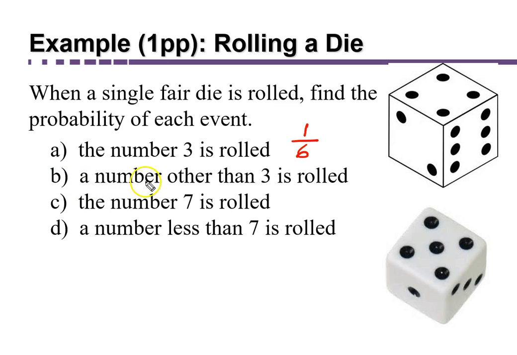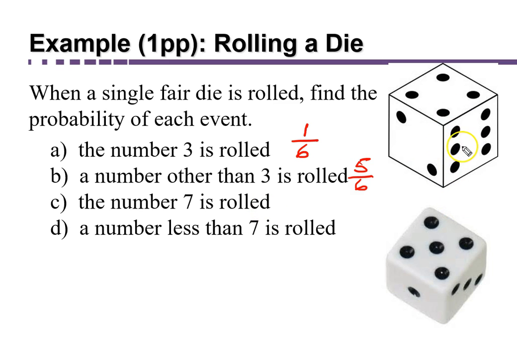Letter B, a number other than 3 is rolled. Well, there's 5 other sides with 5 other numbers, so a number other than 3 would be 5 out of 6. That a number 7 would be rolled. Well, there are no 7.